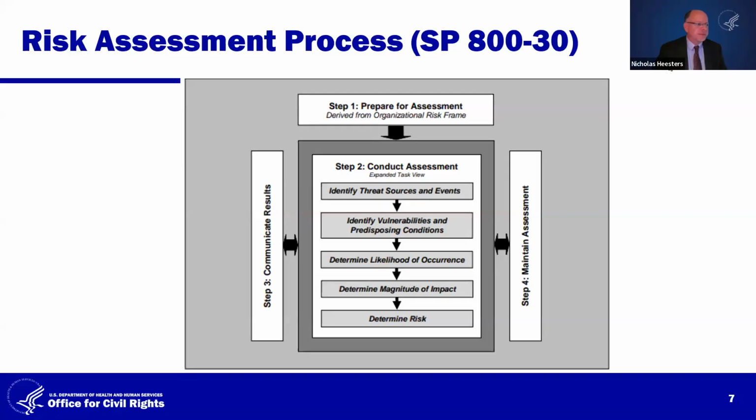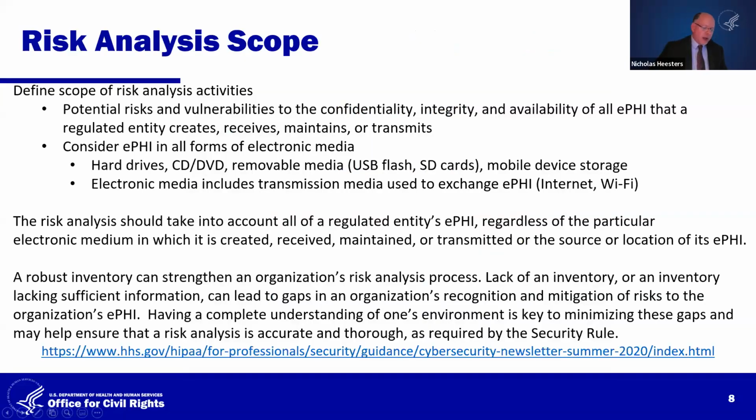Okay, so one of the first things we need to do is to look at what the scope of the risk analysis is. So we need to consider the risks to all of the ePHI the organization creates, receives, maintains, or transmits. That's going to be in all forms of electronic media, throughout the flow of the organization.